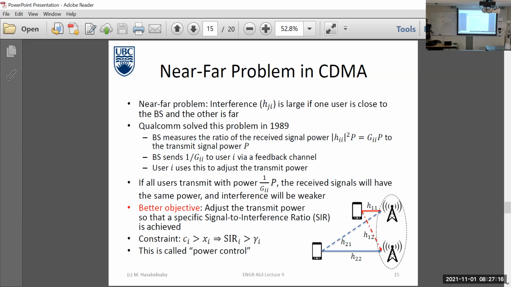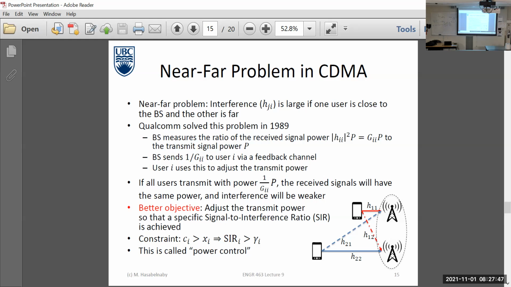So the received signal at base station 1 will equal H11 S1 X1 plus H21 S2 X2 plus Z1.